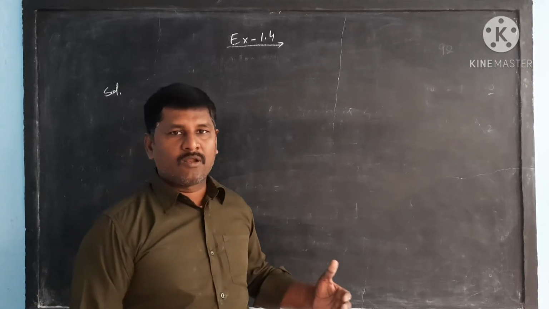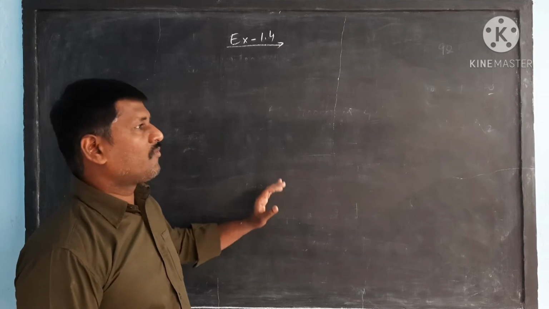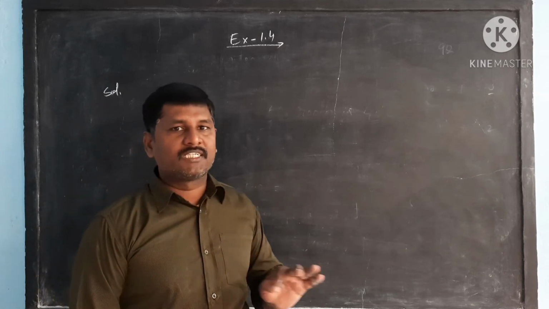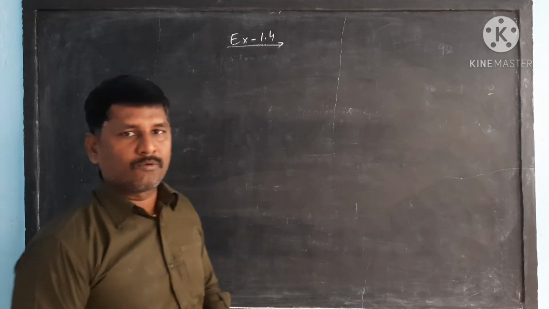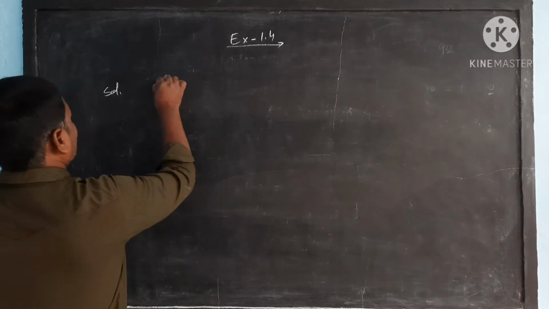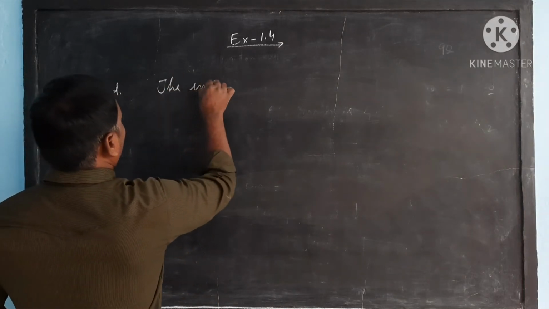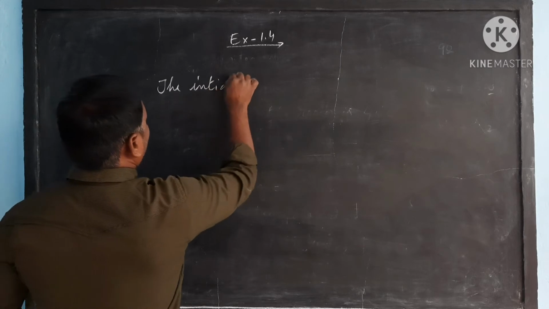Before you solve problem 3, you have to note what information is given. It is given that the inside temperature of the room is 40 degrees. First you have to write the initial, meaning starting, temperature.